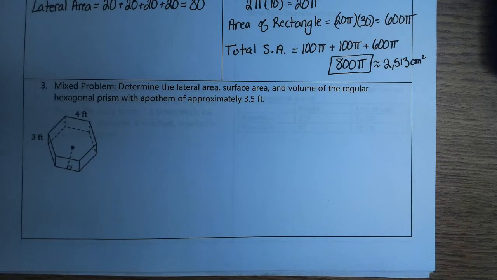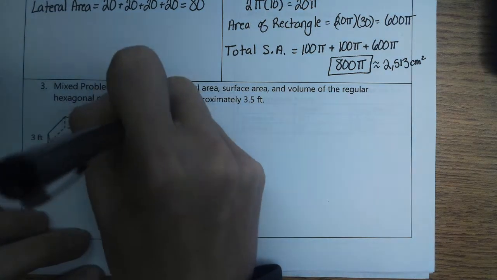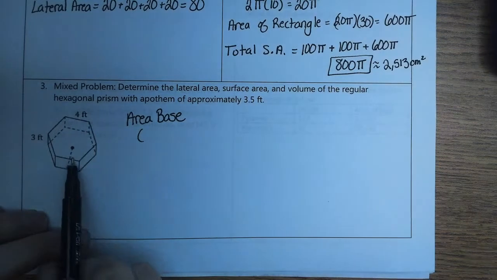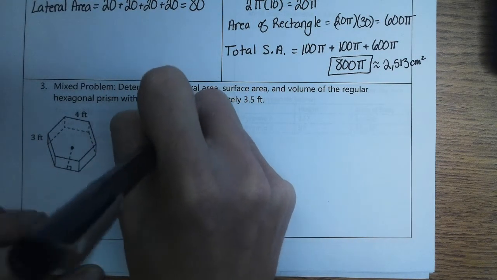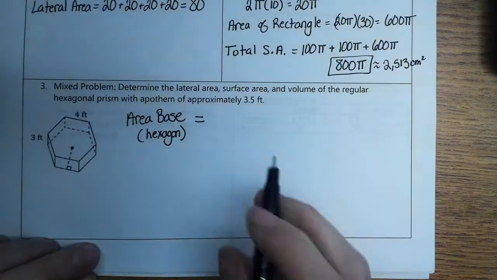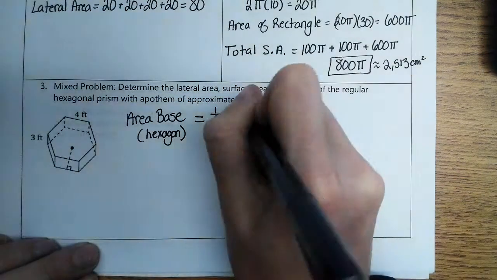So this is going to combine what we did in section 11 with area of regular shapes. So the first thing I'm going to do is find the area of the base. It is the hexagon. It has 1, 2, 3, 4, 5, 6 sides. The area of the base is 1/2 A times P, apothem times perimeter.